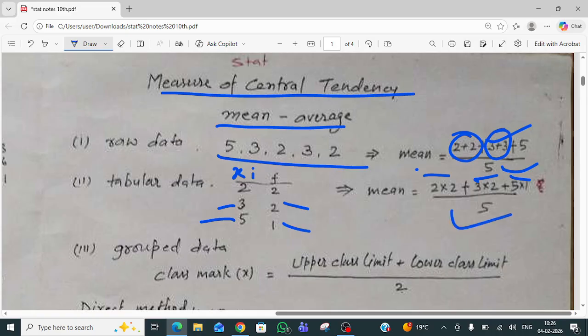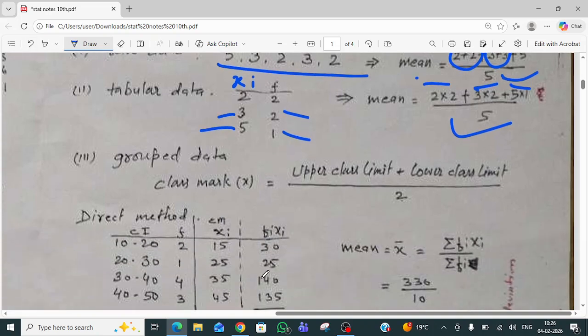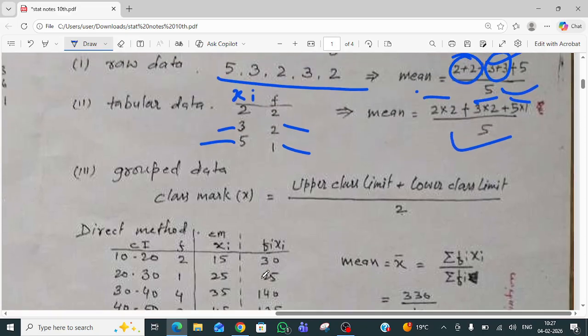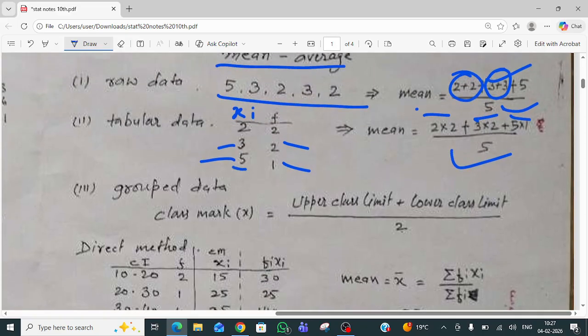Now mean for the grouped data, that's the actual portion for you. For grouped data, we have to learn here the class mark. Class mark is upper limit plus lower limit divided by 2. Let's say this column is the class mark.